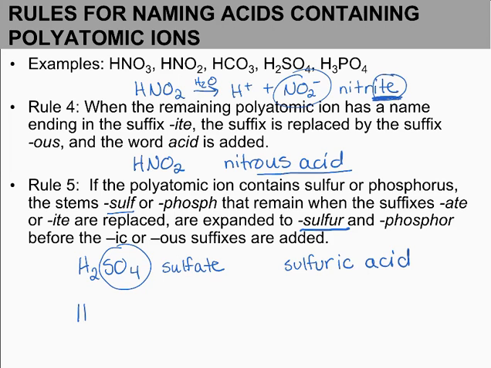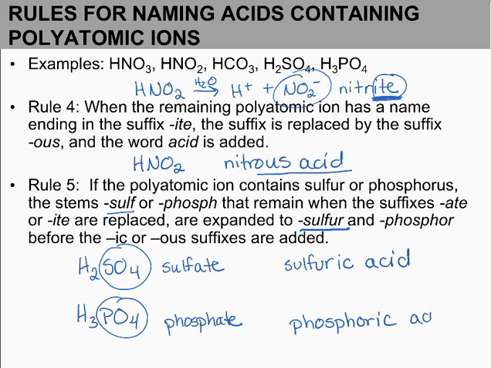And then for an acid that contains phosphorus, like H3PO4, the polyatomic ion is phosphate, and the acid name is phosphoric acid. So we're kind of including that extra syllable there.